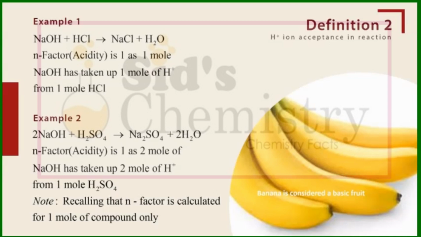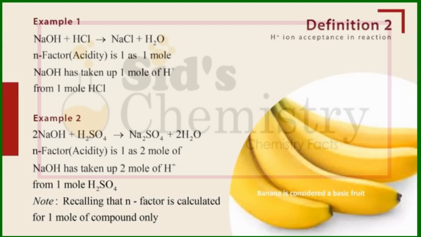Let us take example number 2 to make this definition more clear. Here 2 moles of NaOH react with 1 mole of sulfuric acid to give 1 mole of sodium sulfate salt and 2 moles of water. Dear friends, let us clear that n factor can only be calculated for 1 mole of a compound, and therefore the n factor or the acidity here is 1 as 2 moles of NaOH have taken up 2 moles of H plus from 1 mole of H2SO4.